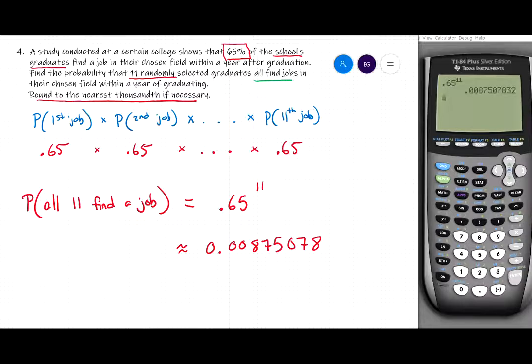The directions say round to the nearest thousandth, so that's the third decimal place. Since the next number after the third decimal place is a 7, we're going to round that up to a 9. Okay, so our final answer should be 0.009.